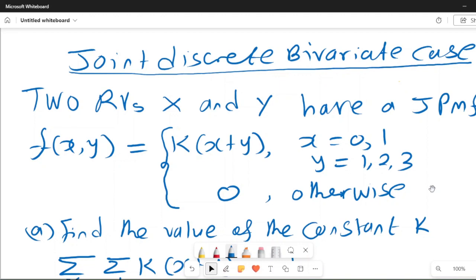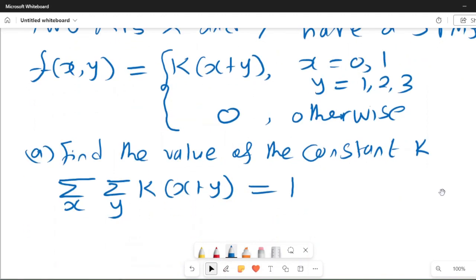So the f of x, y will take a value of 0 when x is not 0 or 1 and y is not 1, 2 or 3. The first part is we want to find the value of the constant k.